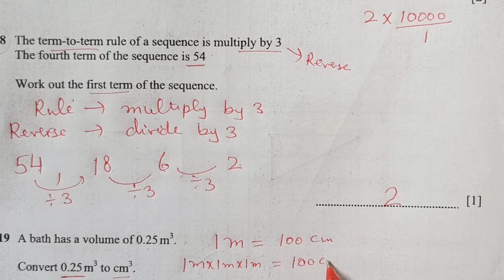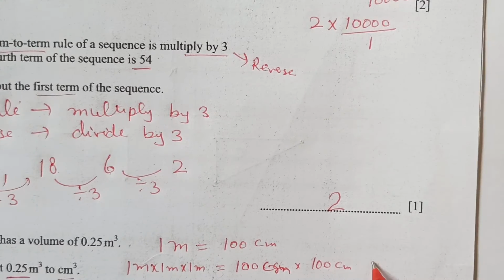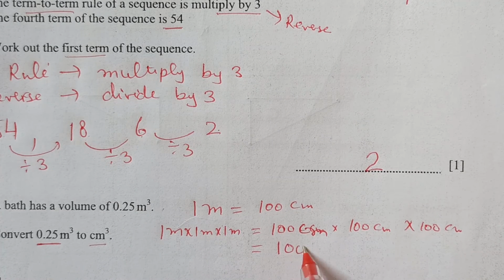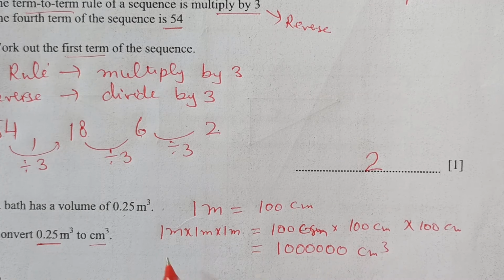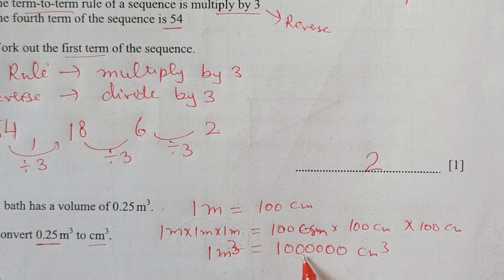So 100 centimeters times 100 centimeters times 100 centimeters. So this becomes 1 with 6 zeros centimeter cubed. So 1 meter cubed is equal to, how much is this? 1 million centimeter cubed.